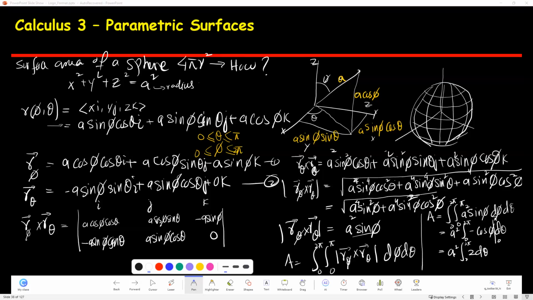If I take another integral, it's going to be A square, right? A is my radius, by the way. A square times 2 times 2 pi is 4 pi A square, and that is what we prove here.